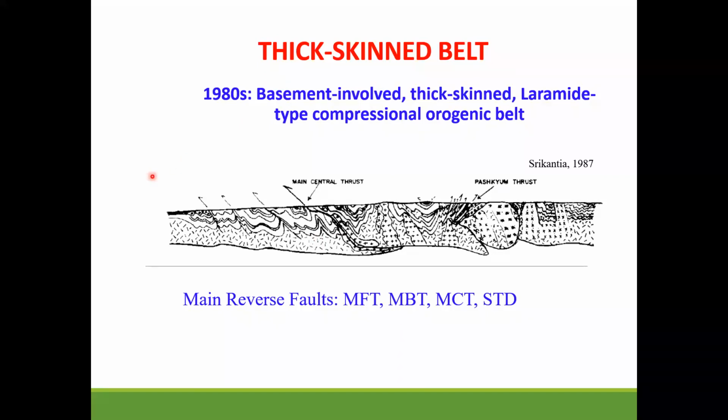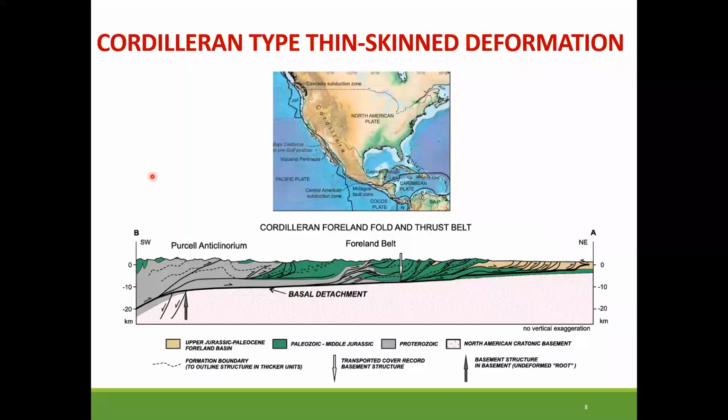And then the other kind of idea that we have is that all these faults actually go and meet a basal fault, which is called the detachment, okay, which is the basal detachment of any mountain belt. And this is also called a decollement, if you read the literature. And that's also seen in the Cordilleran Mountains, which is west of the Rocky Mountains, which are here, in Western United States.